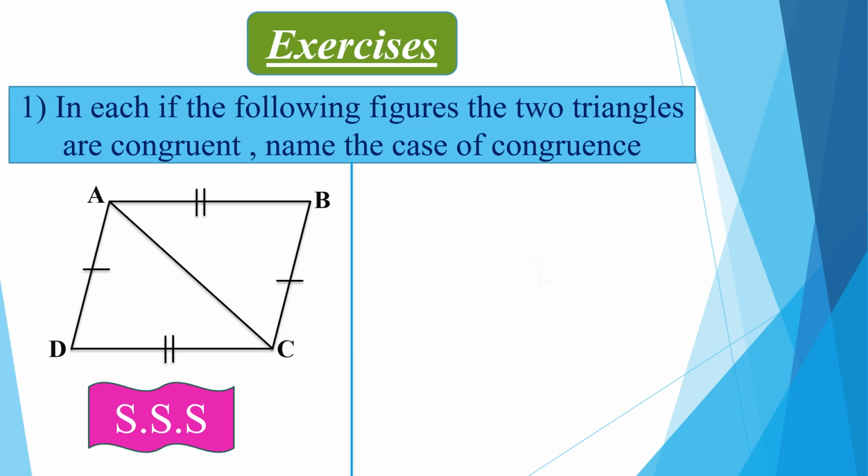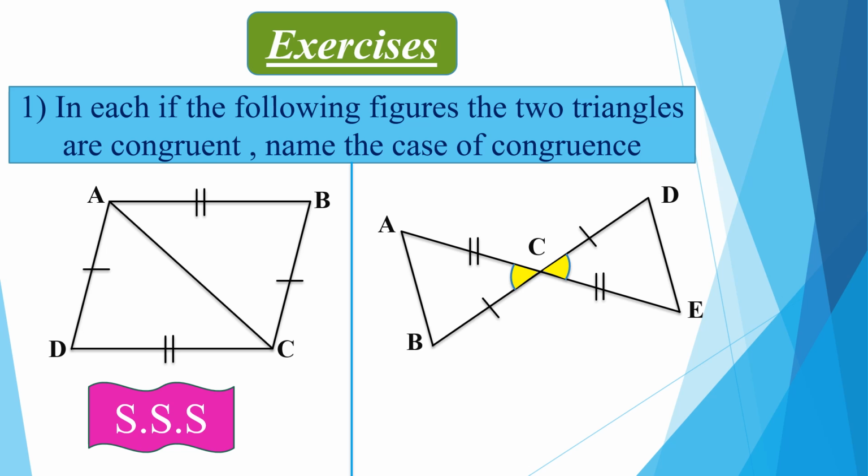Next one, in the opposite figure, the triangle ABC and the triangle EDC. Here DC equals BC, AC equals EC, measure of angle DCE equals measure of angle BCA.